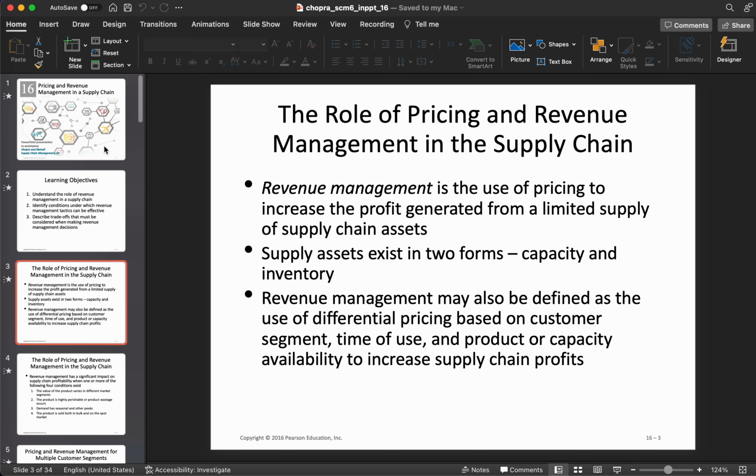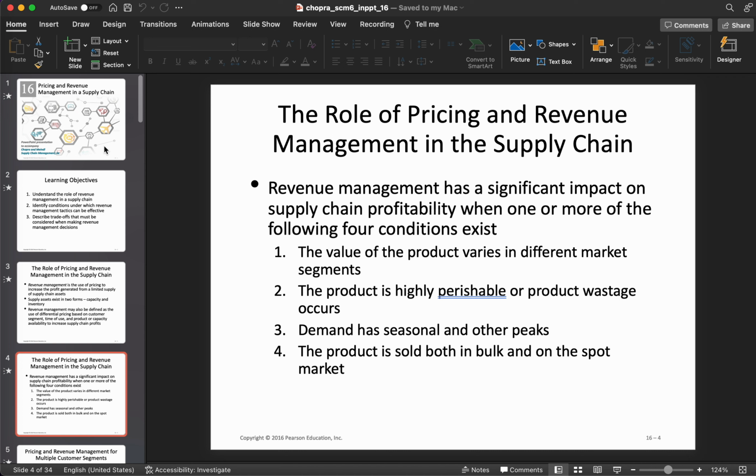Right? Now, when is revenue management useful, or when does it have a significant impact on supply chain profitability? Well, one of these four conditions must exist, and that's when you should realize that, well, let's use revenue management as a tool. One is the value of product varies in different market segments, and this is very, very important.